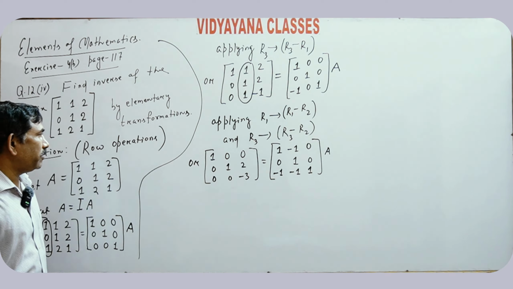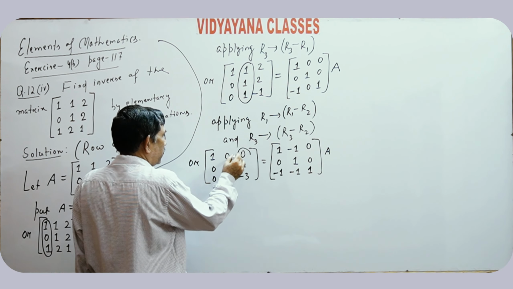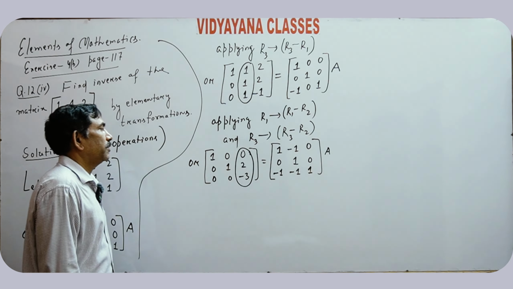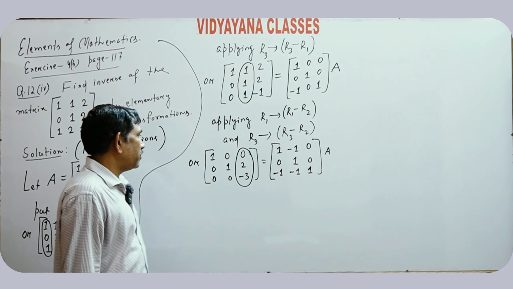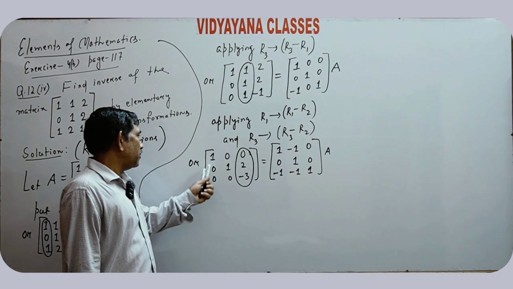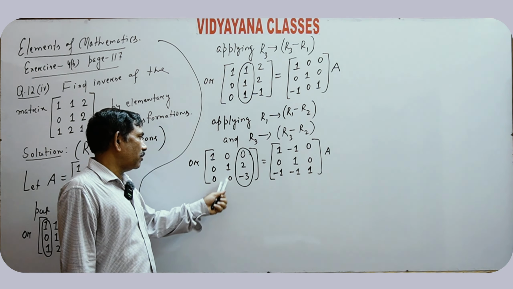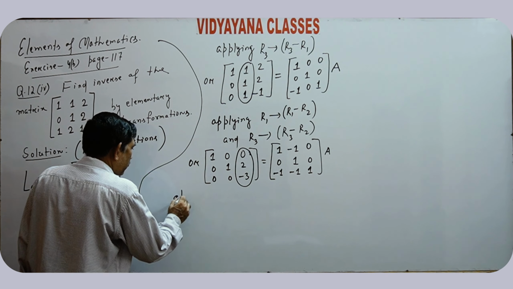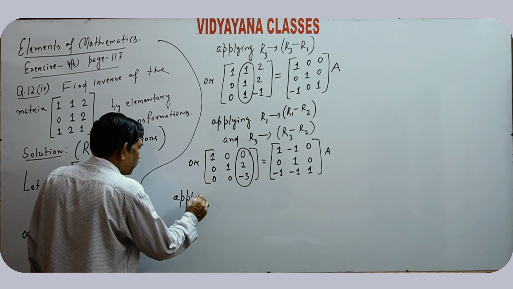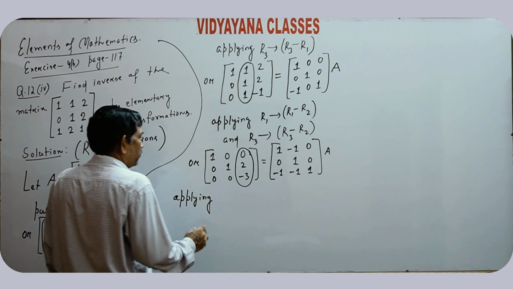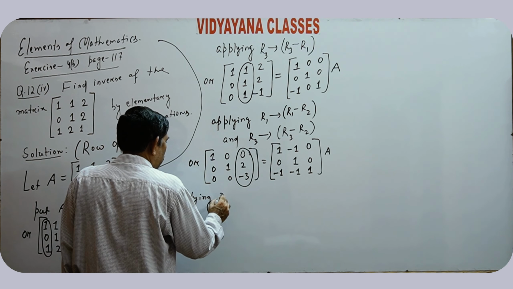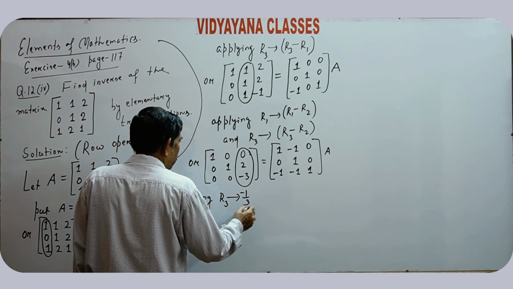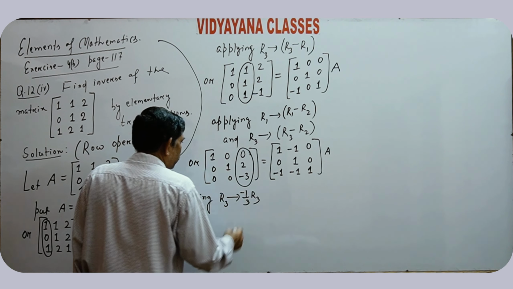Next, we will change the elements of column 3 as 0, 0, 1 using the row operation without changing the elements of column 1 and column 2. Apply row 3 is replaced by minus 1 by 3 row 3.